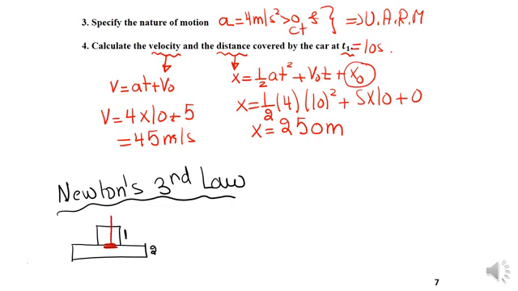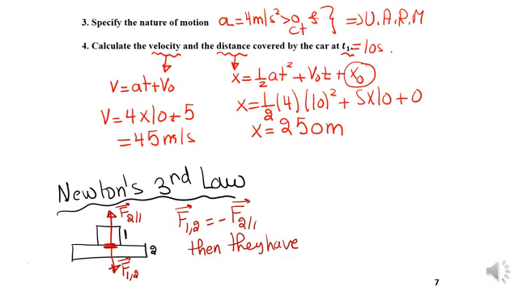Then, this is the force exerted by 2 on 1 and this is the force exerted by 1 on 2. Then we have F1 on 2 equal minus F2 on 1. Then they have the same line of action.